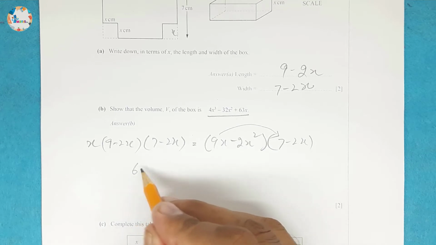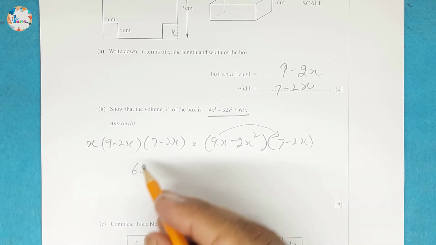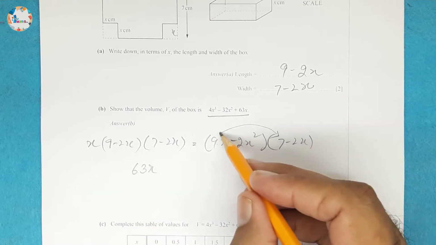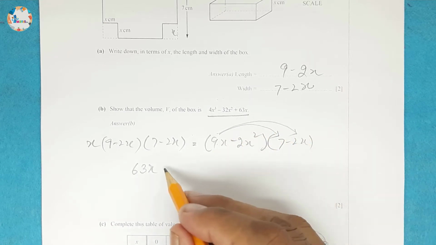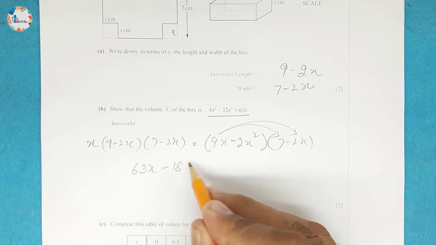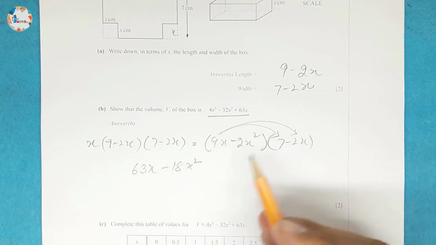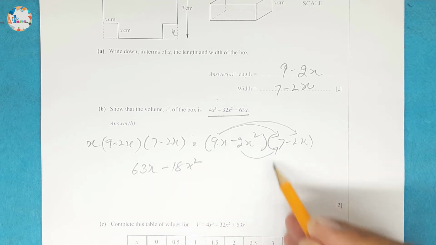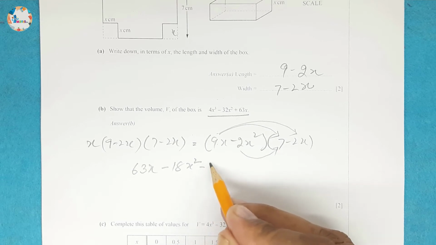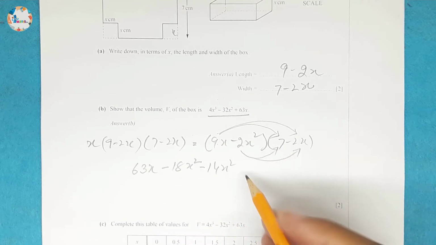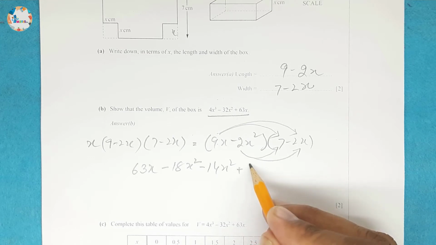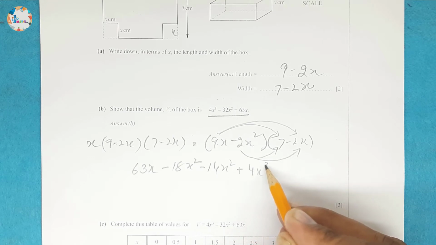This will be 63x, then this with this one will be minus 18x squared, and then this multiplied by this will be minus 14x squared, and this with this will be plus 4x cubed.